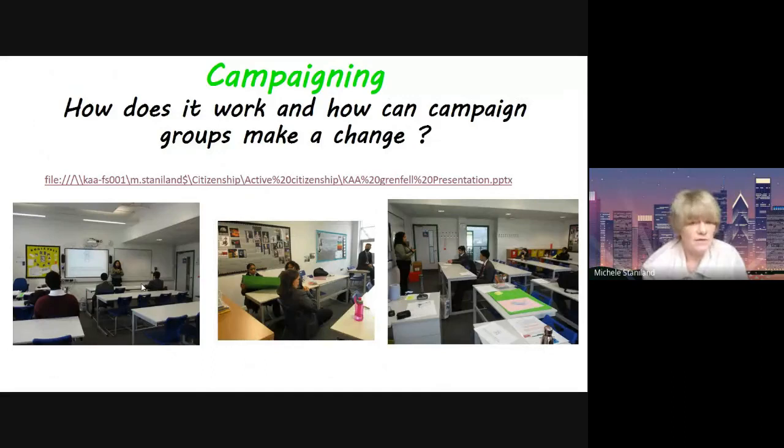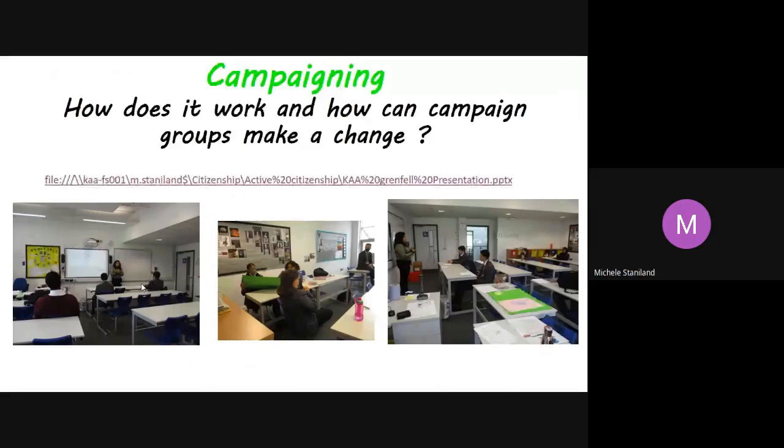She gave us tips about how to campaign effectively, how important your voice is when you're campaigning against anything, and the work that they keep on continuing to do to make sure that Grenfell doesn't happen again anywhere else. They're very much campaigning towards the removal of cladding on other buildings, and the campaigning continues to go on and will continue to go on.